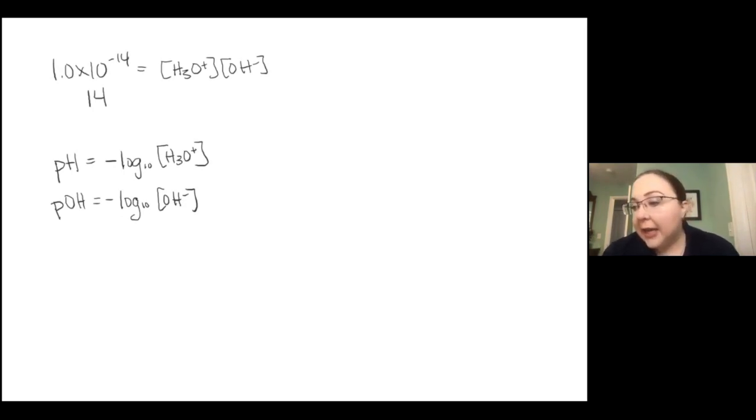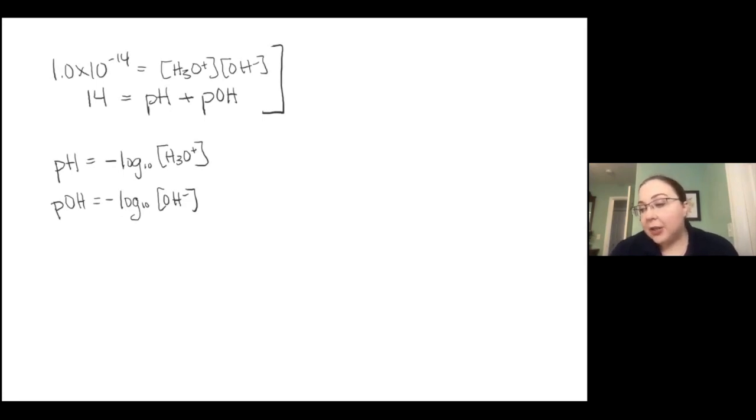And if I take the negative log of H3O+, that's just the same thing as my pH. And when I have these two multiplied together in my log rules, that means I'm going to add together the results, and that negative log of OH- will just be pOH. So these two equations are identical, just rearranged to use either with pH and pOH or to use with our H3O+ and OH- concentrations.